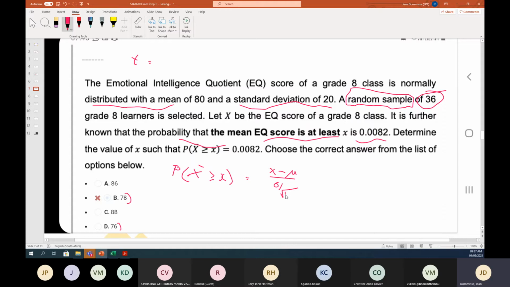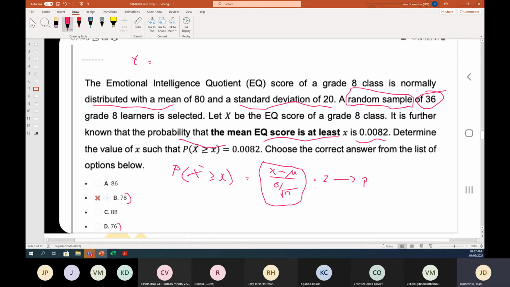And this, Christine, is just in case it comes at you any other way. We would have done that to get you a Z, so that you can go to the table to get your probability.